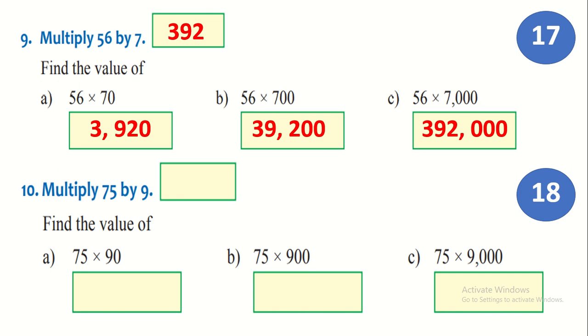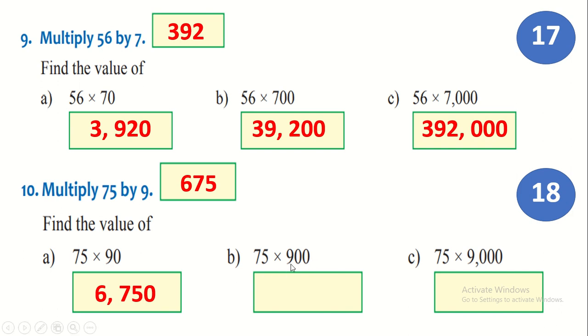Okay. And for number 10, this is our last exercise for today. Multiply 75 by 9. The answer is 675. Okay, we place here 75 times 90. You add 1 zero. The answer is 6,750.